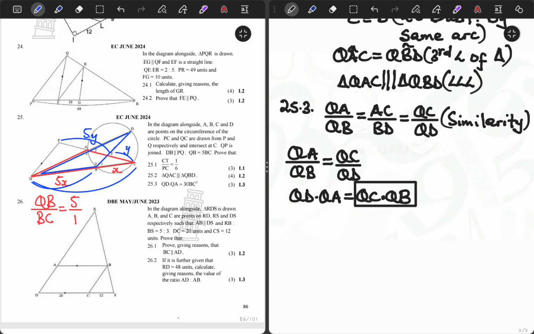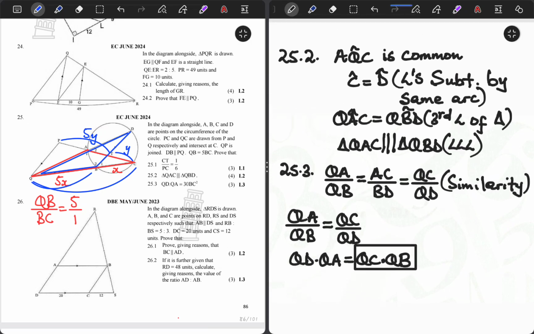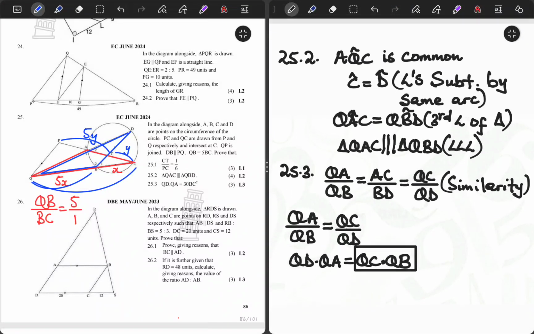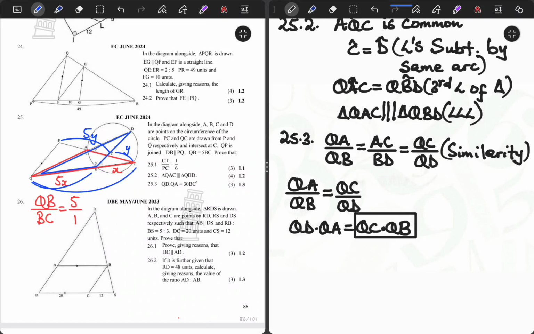Where there's QB, we can replace it by 5 BC, which is what we are given so far.